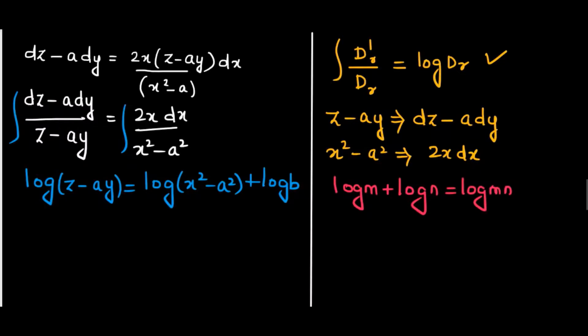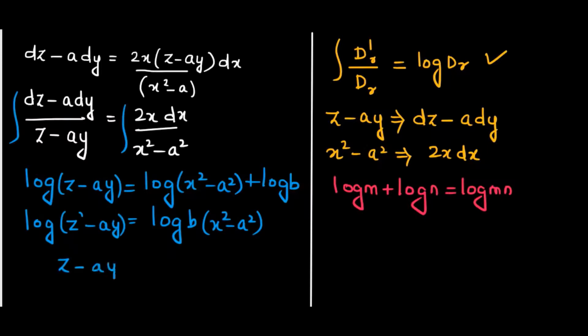Thus this right hand side can be written as log of b times x square minus a square. Now you can cancel the log on both sides by applying the anti-log. So your answer will be z minus ay equal to b into x square minus a square.